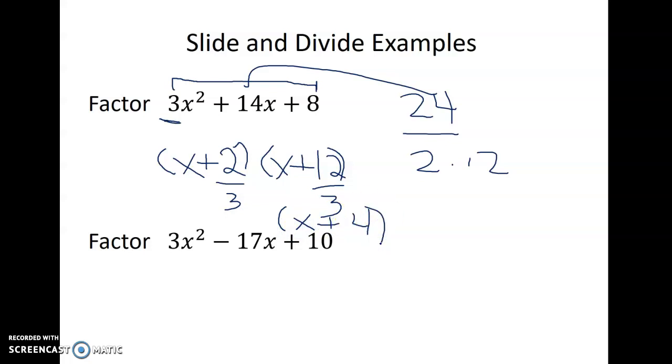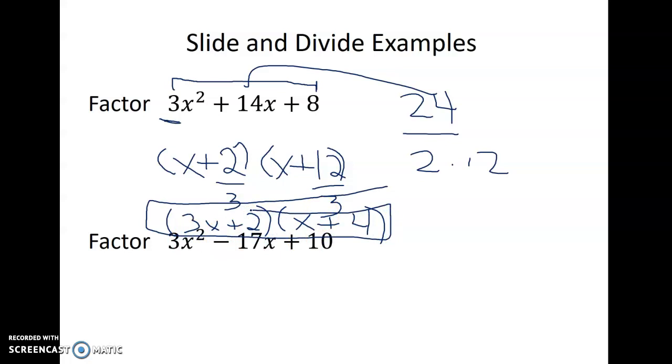But the first binomial does not divide evenly, so it says if not, your denominator goes to the front. The denominator is 3, so we write 3x plus 2. And then this is our answer. Now, take a look back.